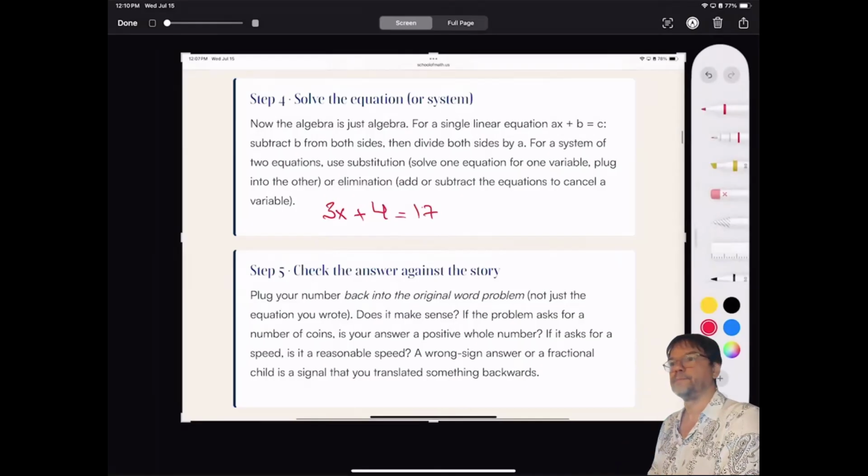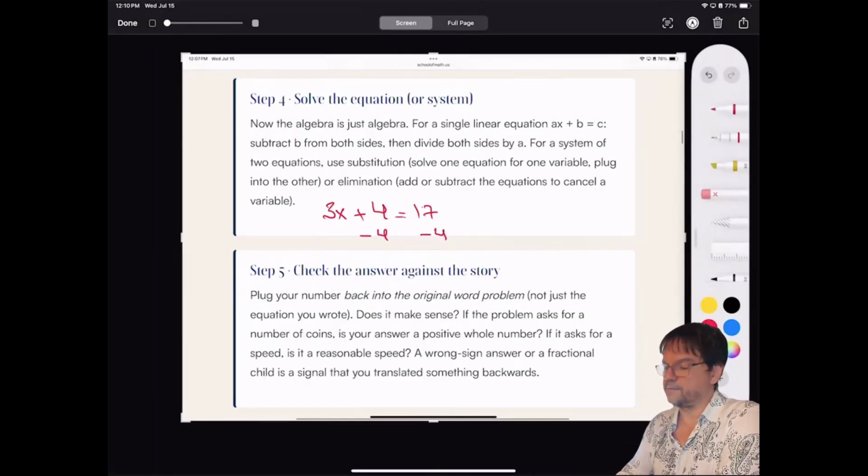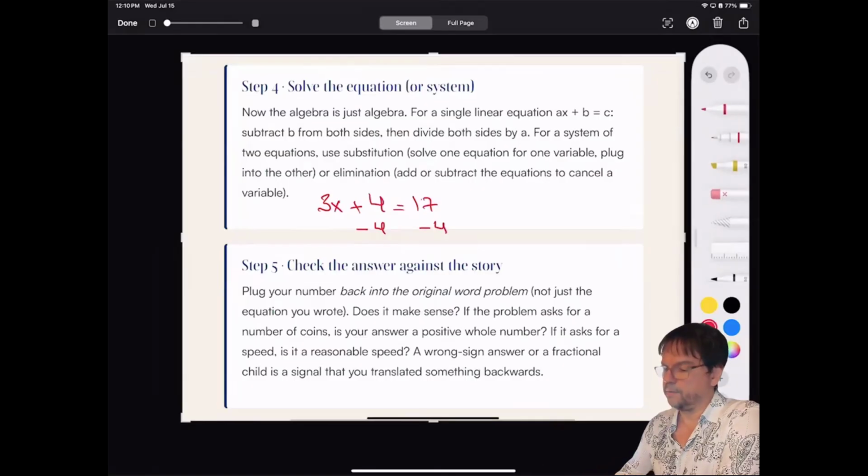Is that okay? What is the first thing that you're going to do? Subtract 4. Do you agree? What are you going to do? 17 minus 4? 13. Okay, that is 13.